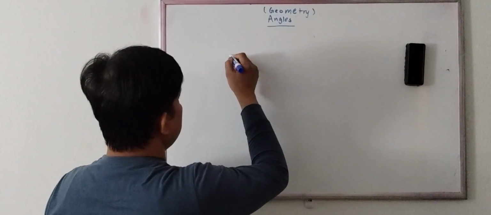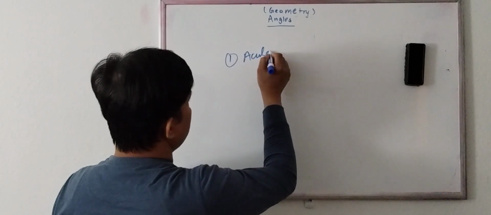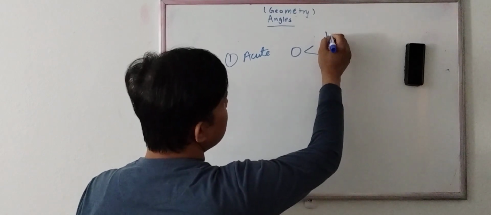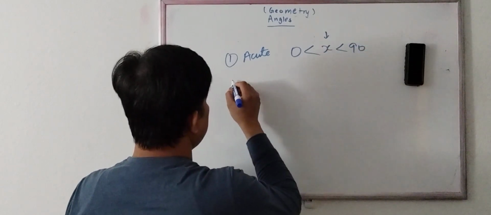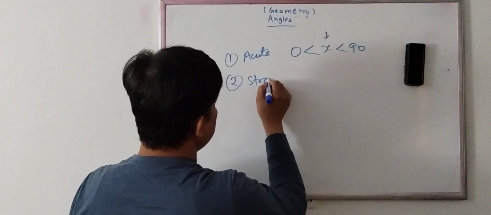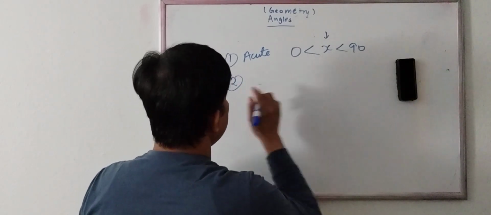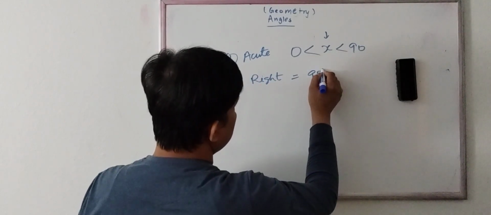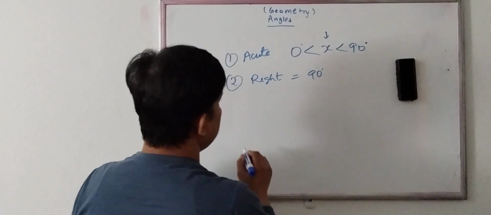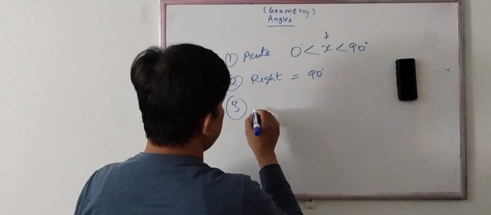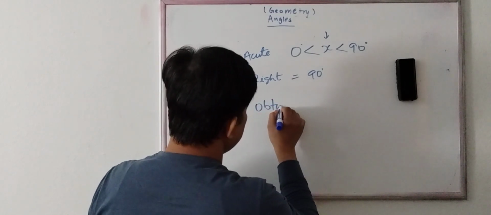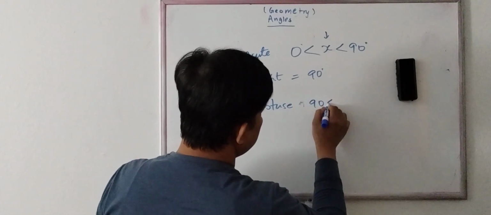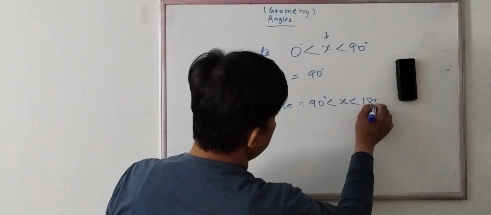So let me recap it. Acute will be anything greater than 0. Let's say x is an angle, it will be less than 90. Second will be right angle. Right angle will be equal to 90 degree. And here your obtuse will be anything greater than 90 degree, less than 180 degree.